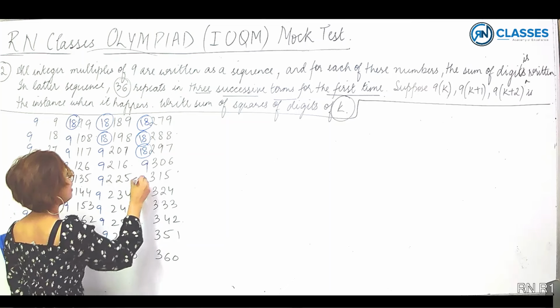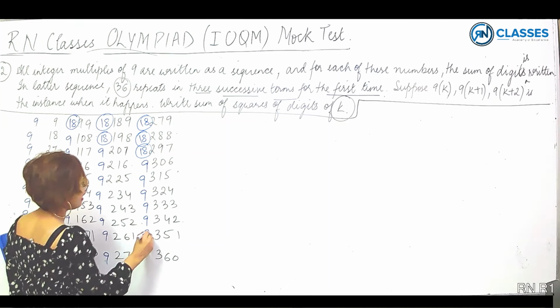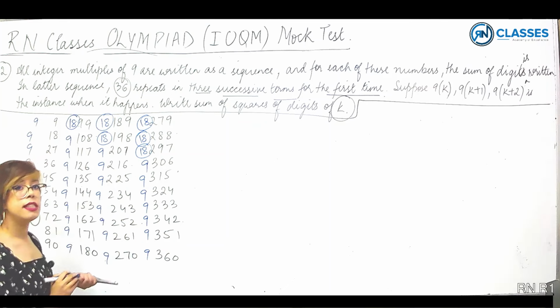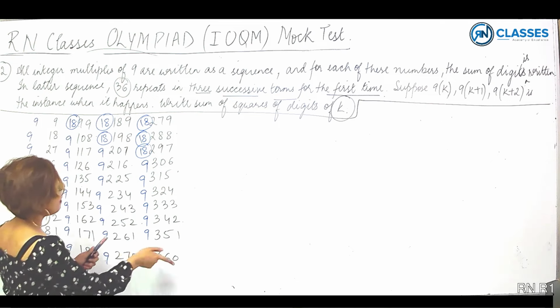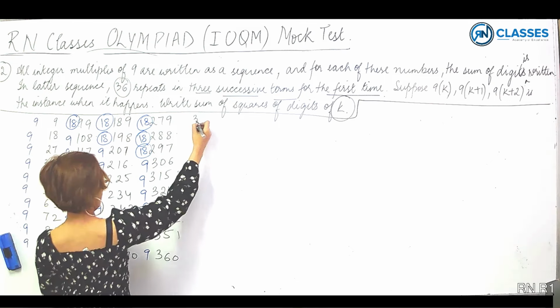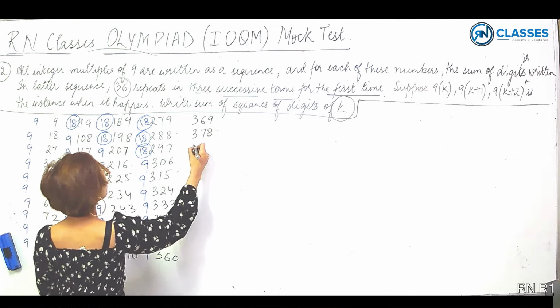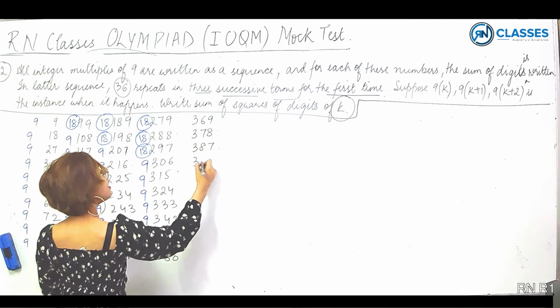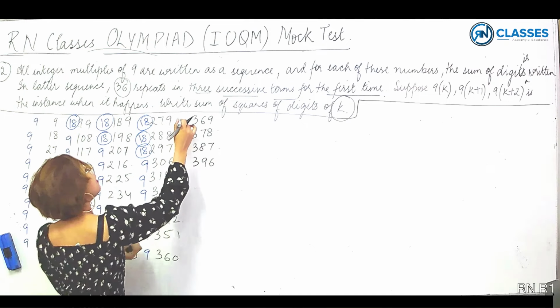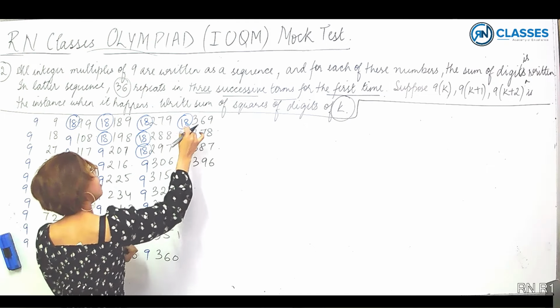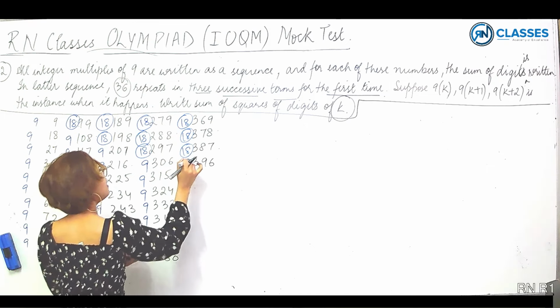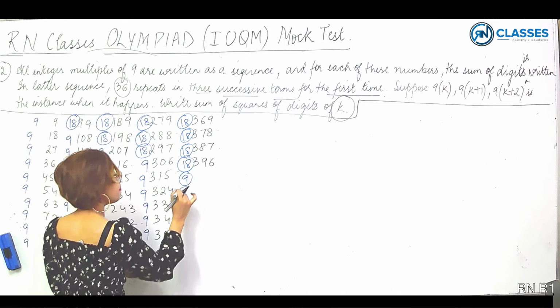And then 9 seven times, and let's move forward. The next one I see will be 369, then 378, then 387, then 396. So obviously the digit sums are 18, 18, 18, 18, and then the 9 pattern continues.